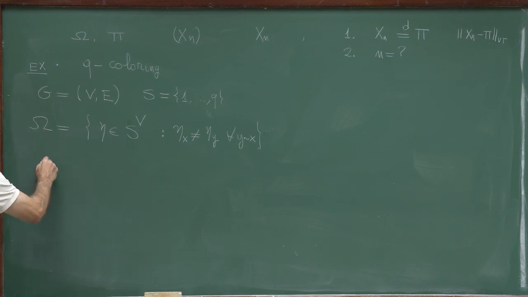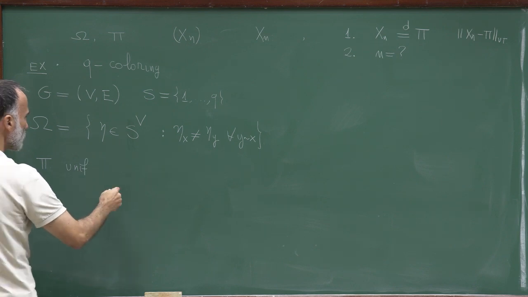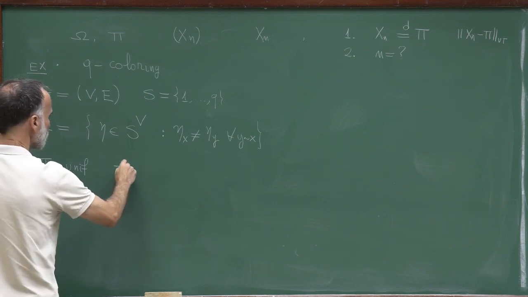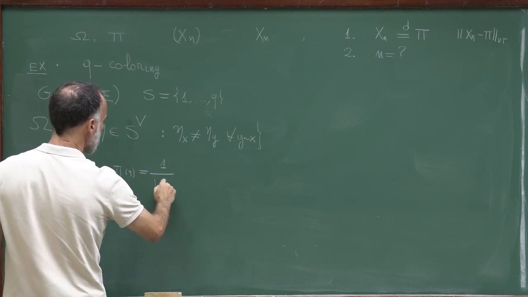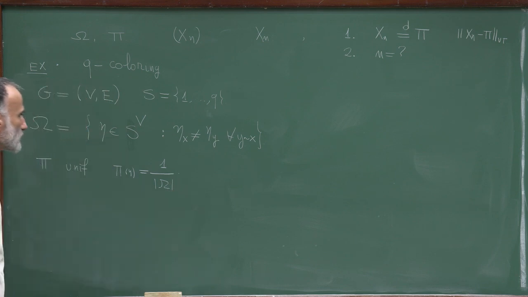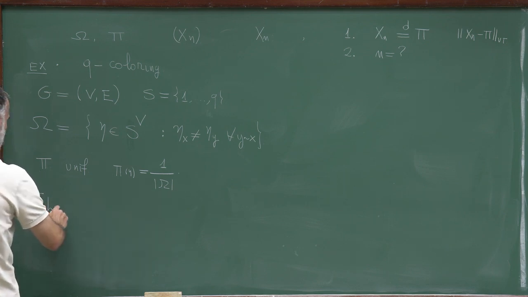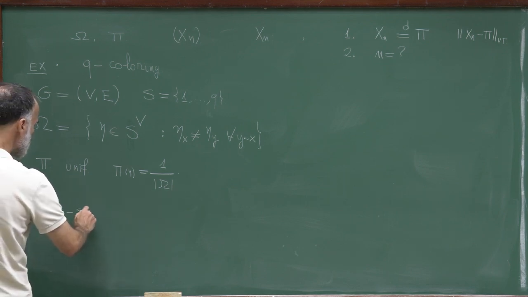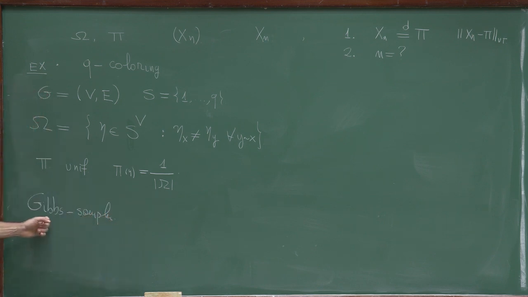And pi is the uniform measure over all colorings. So pi of a configuration eta is simply 1 over the total number of configurations. Mind that the total number of configurations is quite complicated. And we define a Markov chain, which we call the Gibbs sampler, which is aperiodic and whose invariant measure is pi.